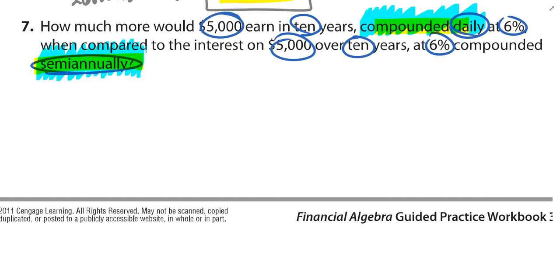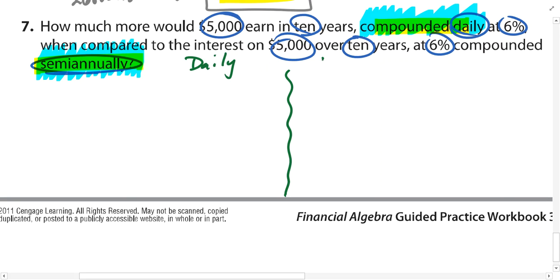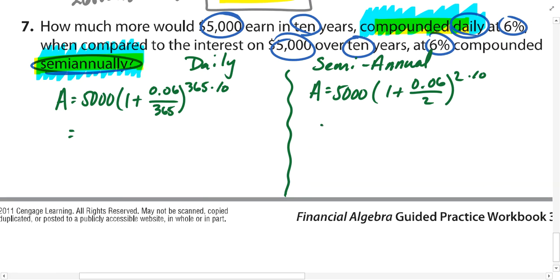So I'm going to pause this video here, and I suggest that you do the same, and I'm going to set up both of these computations. I'm going to do the daily computation on the left and the semi-annual on the right. So here's the setup for each.